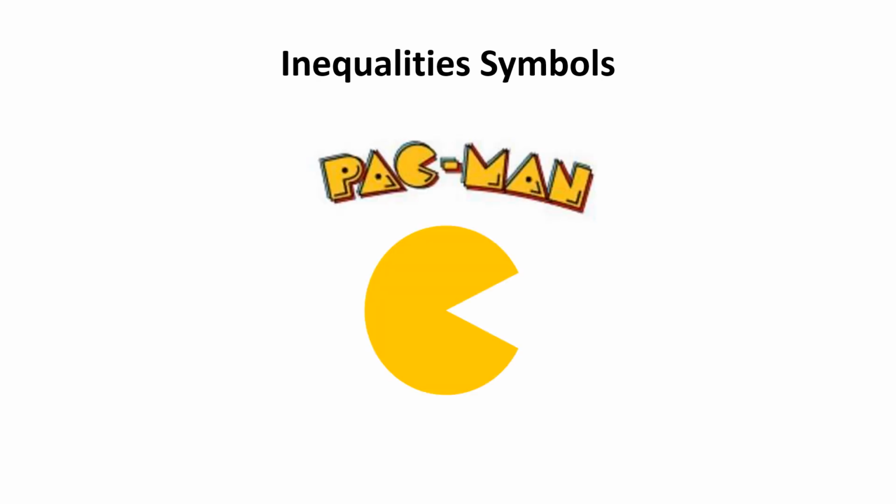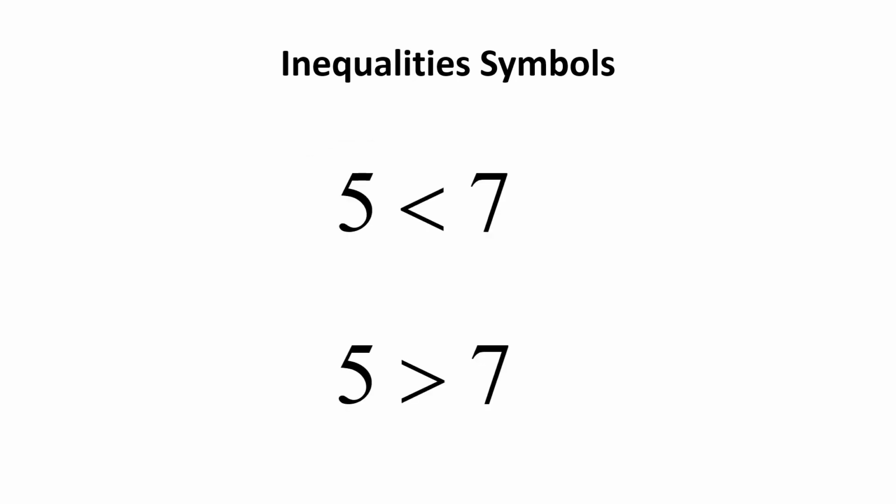And I like to think of inequality symbols using Pac-Man. So here we have a comparison of two numbers, 5 and 7. Now, if we graph this on the number line, clearly 5 is smaller than 7. Another way we can say that is 7 is larger than 5. Both of these are mathematical statements, but one of these statements is incorrect and one of them is correct.